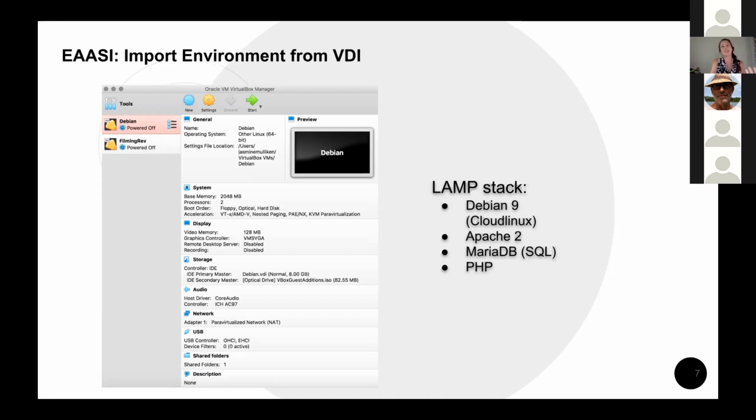I had done this as an exercise for something completely different. But once I saw that you could actually import a VDI, a virtual disk image, into EaaSI, I figured I have this, so why not try it this way? It also seems, as I went through that process, I could identify some reasons why this would be a good approach for this type of content as well.